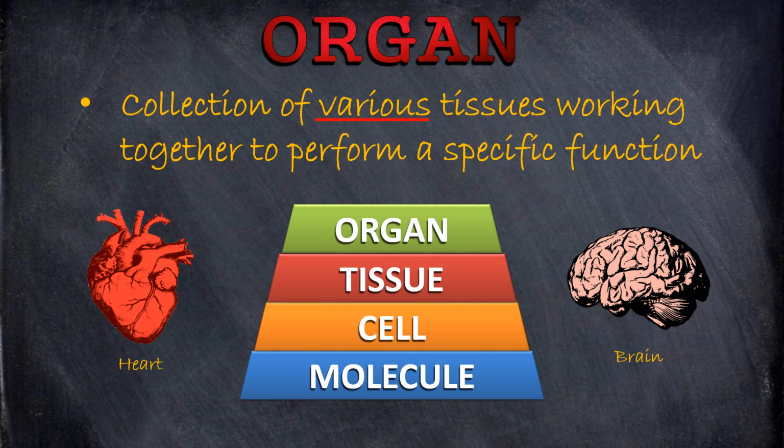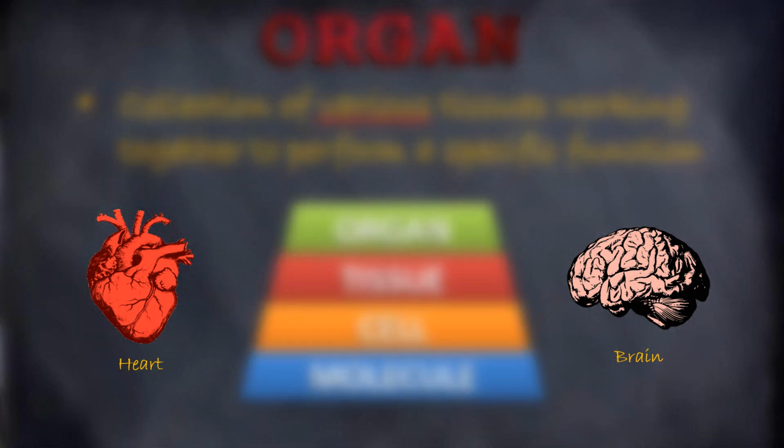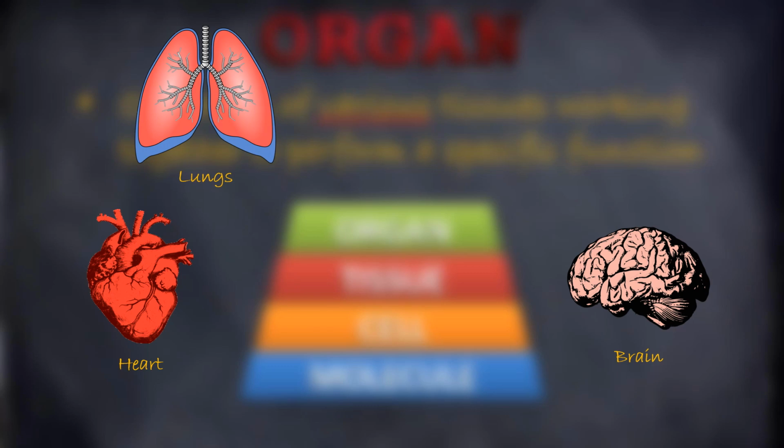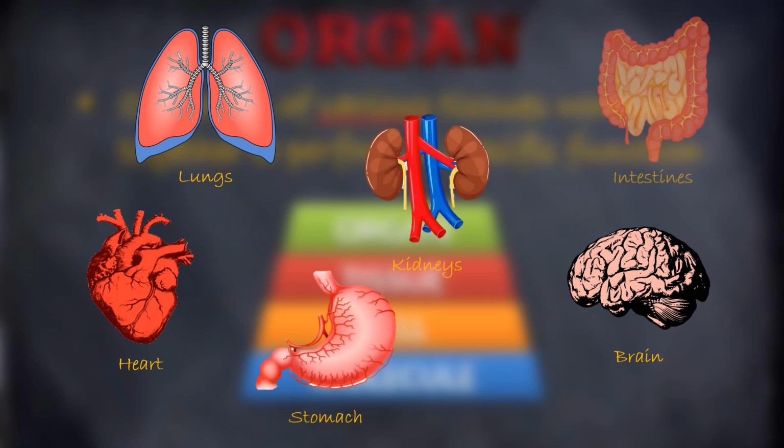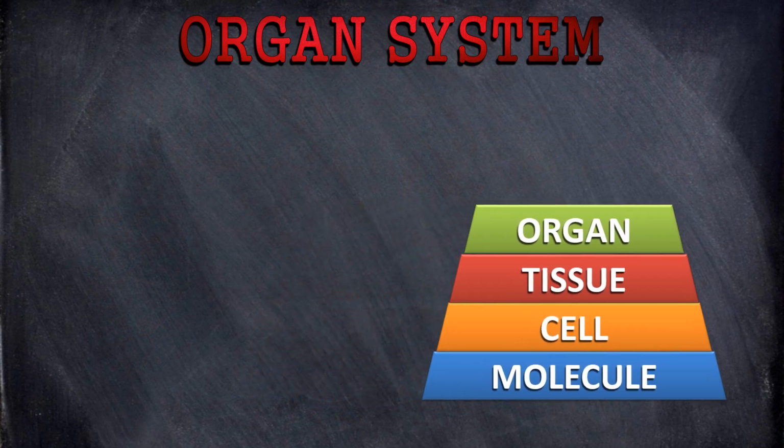For example, your heart is composed of not only cardiac muscle, but also connective tissue and nervous tissue. Likewise, your brain is made up of nervous tissue predominantly, but also connective tissue. Besides your heart and brain, other organs that you are familiar with include your lungs, kidneys, stomach, and intestines.